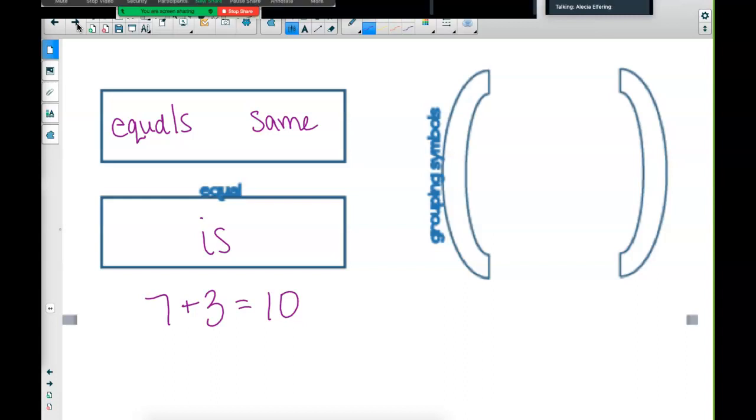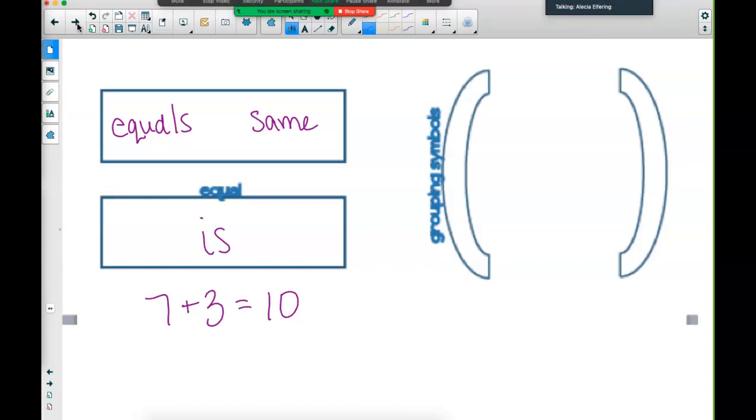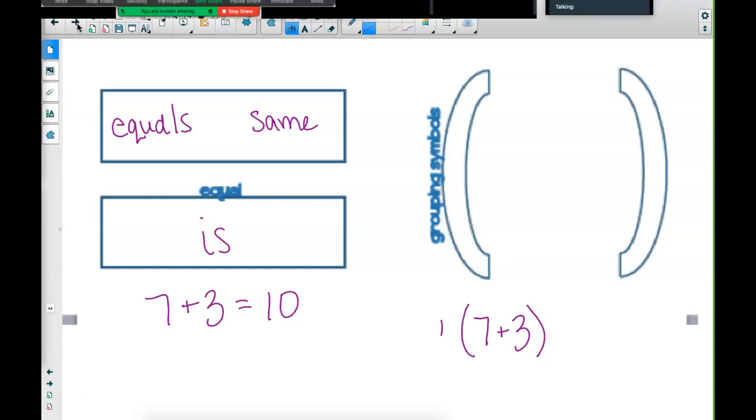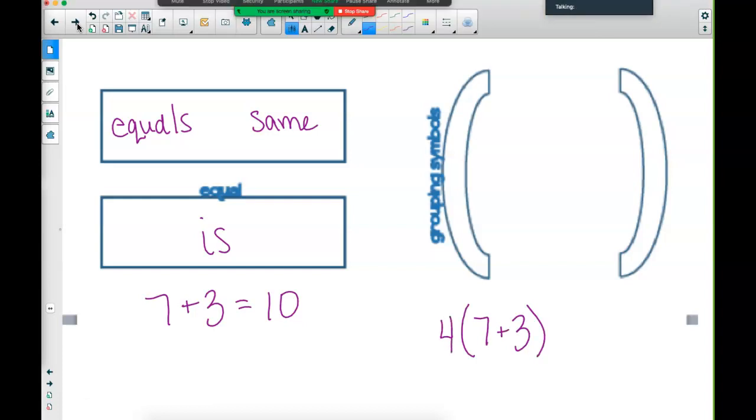Okay, and then we have grouping symbols. We have to know when grouping symbols are used, and a lot of times we might not need them. But if we're going to use grouping symbols, there's a certain way we should say it. If I had a problem that looked like this, technically, I should not read it 4 parentheses 7 plus 3 parentheses.